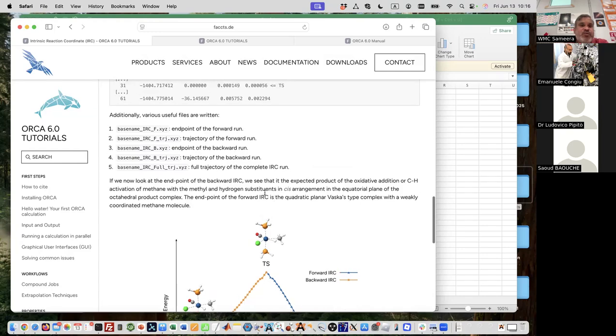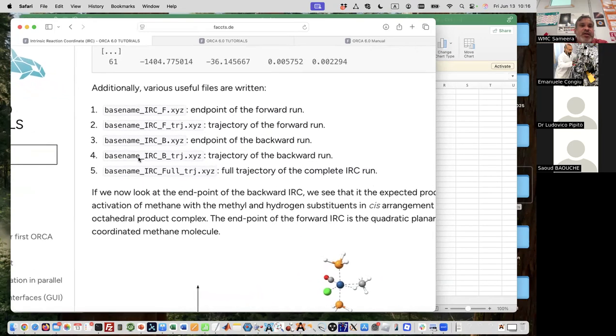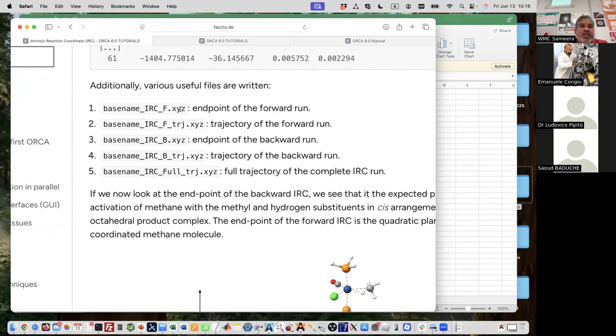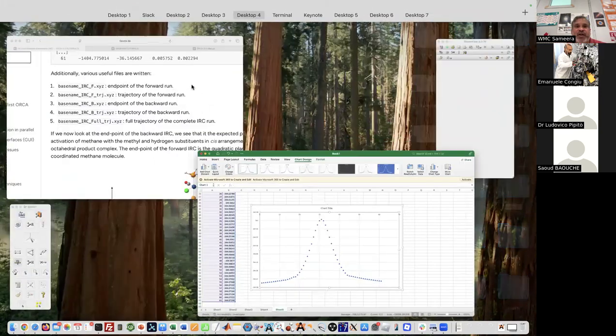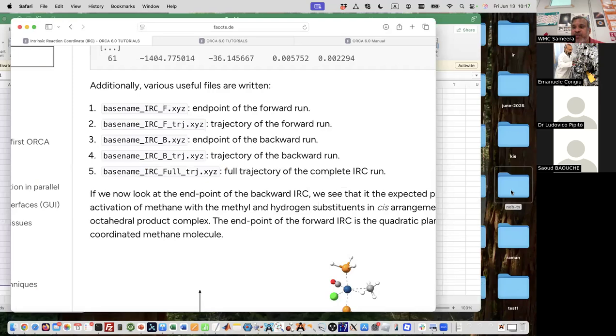So in the output file, you can find different files in the directory of your computation. You can find many different files, and among them you can find this IRC _f xyz files. They are interesting because these files have very useful information.